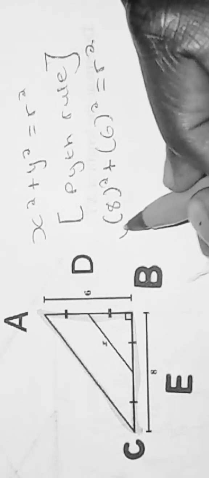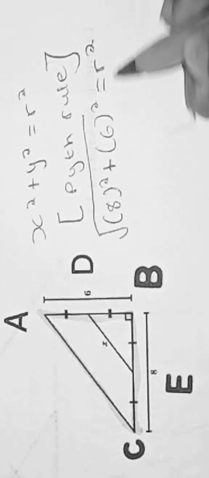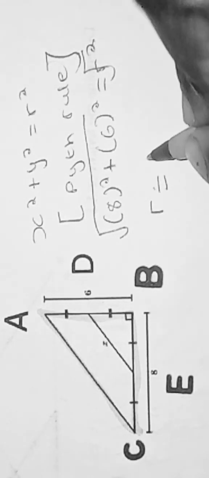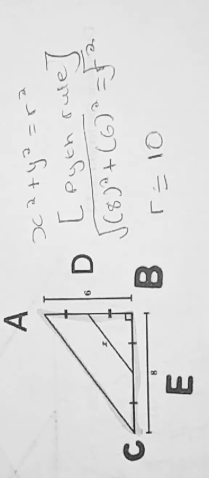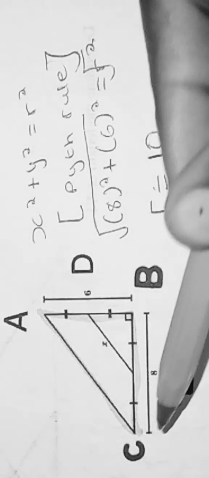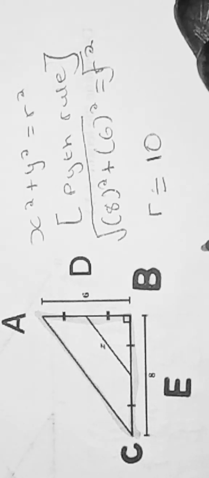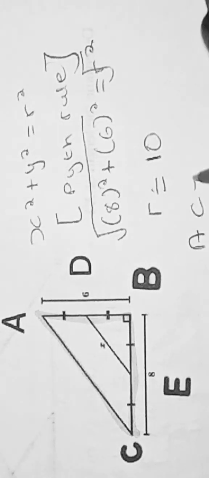So we put everything here in order to find this r. The answer is 10, which means that the size of this CA or AC is equal to 10 units.